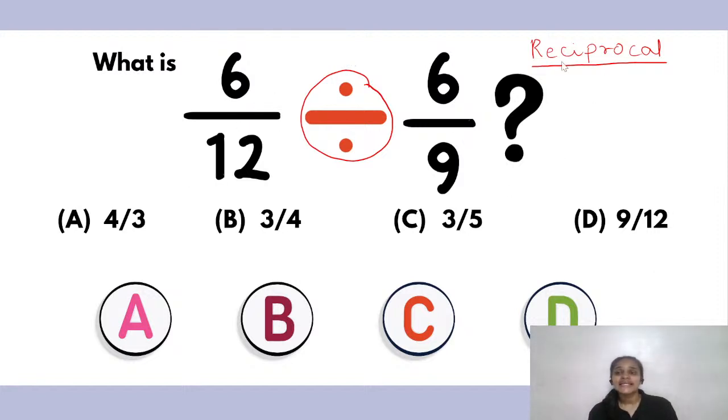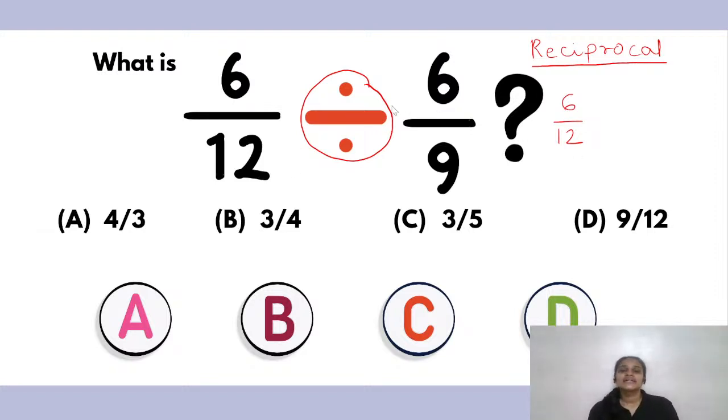When I say reciprocal, it means we are simply inverting the fraction. I have your first fraction as 6 upon 12. Since the division operation is there, it's not convenient to divide fractions straight away. So what has math taught us?